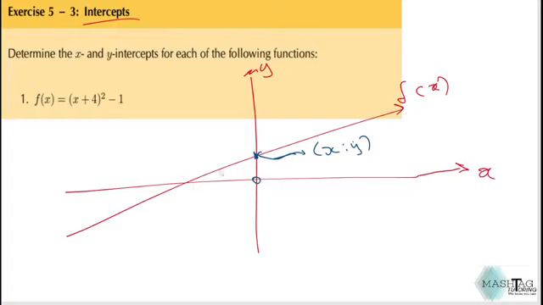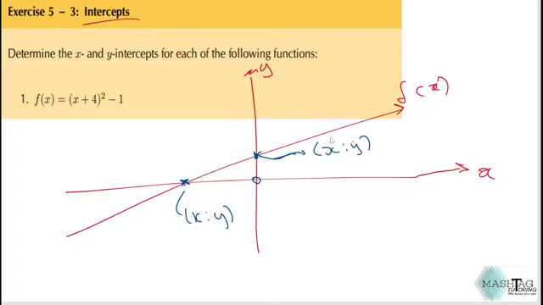This graph over here, when we say intercept, that means it's intersecting or cutting this axis. So they both meet right here. And by saying x-intercept, we just mean the x coordinate and y coordinate at that point, right?